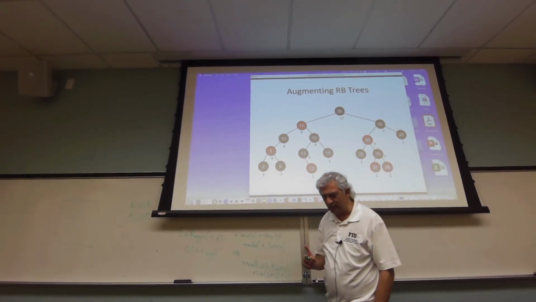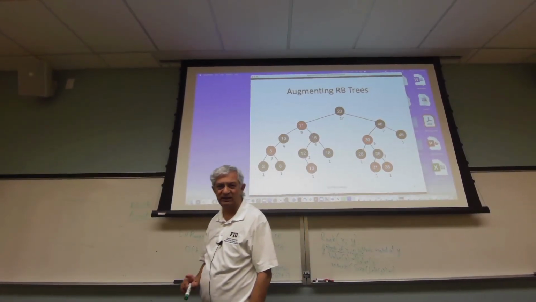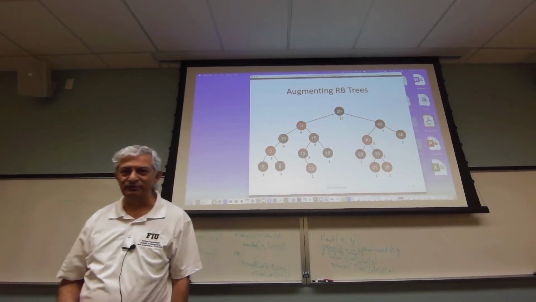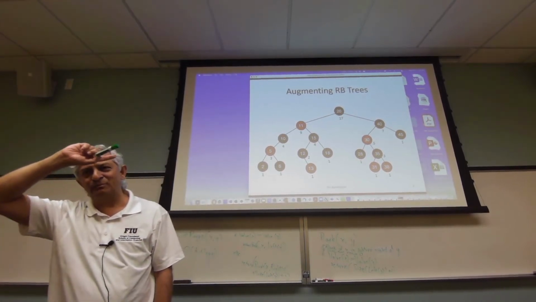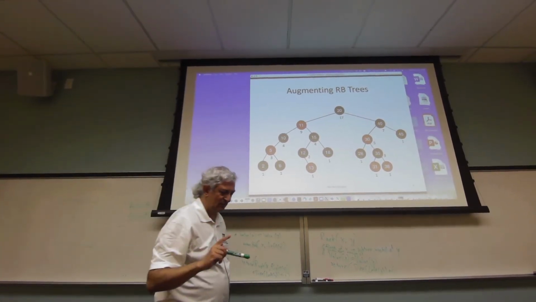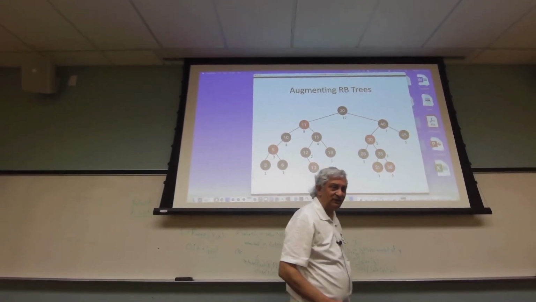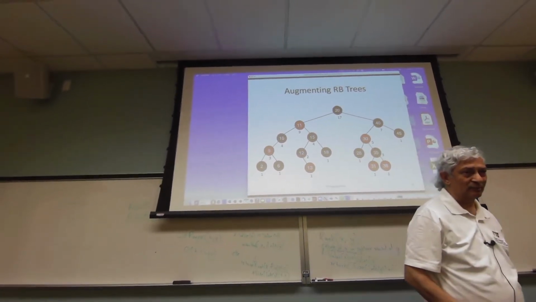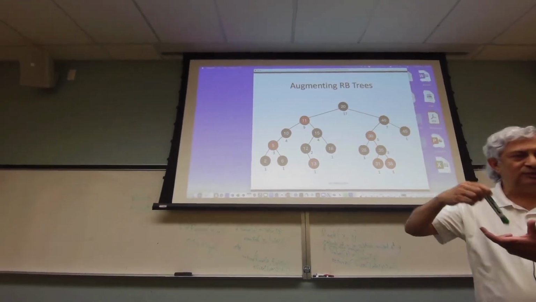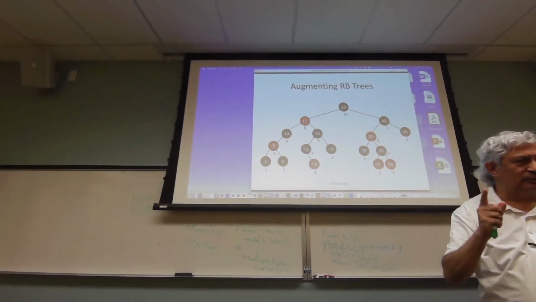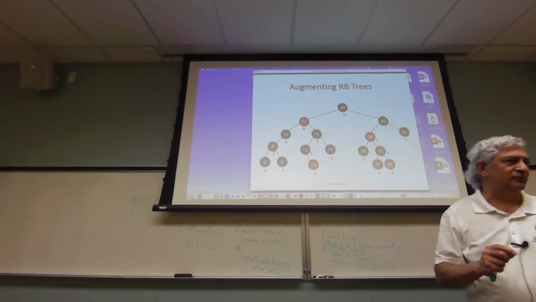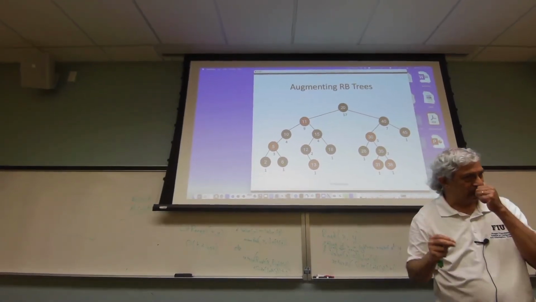Now you have to be a little bit careful about adding extra information, because you have to make sure that your previous operations don't get messed up. You have to make sure that your insert and delete operations still work in log n time. Well, if you want to insert a new item, and if you know the items on either side of it, then you can go and fix the pointers.